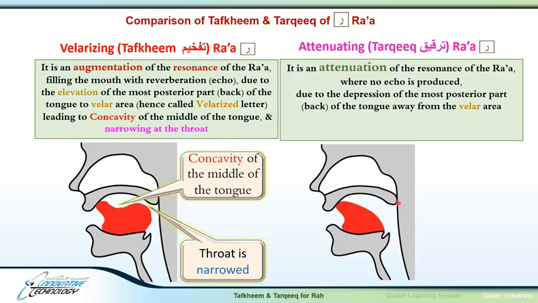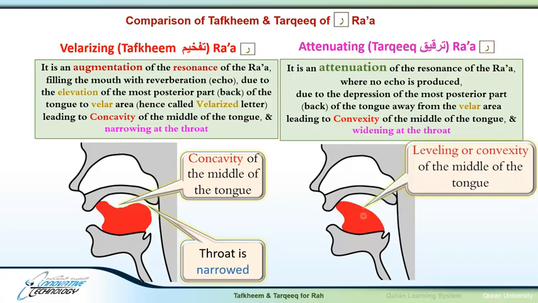So it's going away from the velar area, leading to convexity. Notice the tongue here is flat or convex compared to being concave in velarization, leading to convexity of the middle of the tongue and widening of the throat. So this is the tongue being convex, and this is the throat. The back of the throat is not narrowed, it's actually wide.